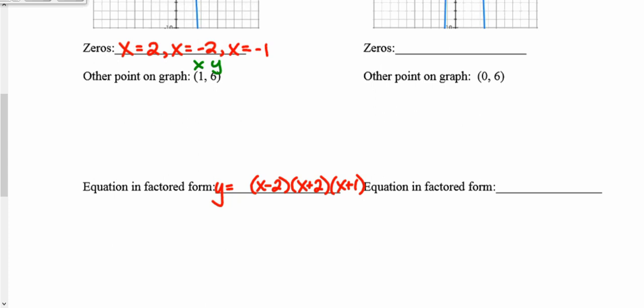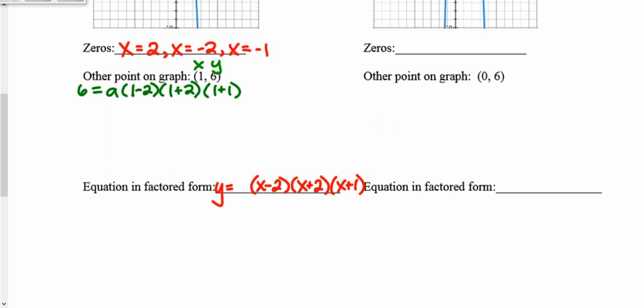Thinking about that factored form that I wrote on the line, instead of writing y equals, I'm going to write 6 equals. And that blank, I'm going to use an a as a variable, and that's going to represent the leading coefficient, which, going back to what we talked about at the beginning of this problem, should be negative. Then I'm going to write the factors, but I'm going to plug in a 1 for all of the x's. So that would be 1 minus 2, 1 plus 2, and 1 plus 1.